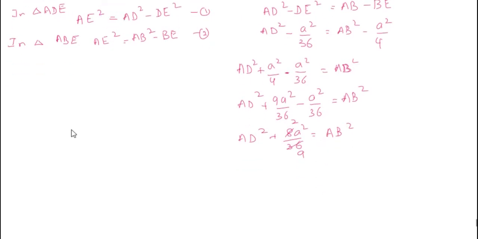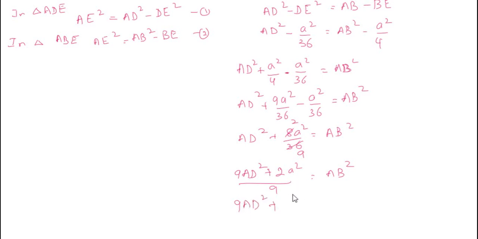Taking the LCM here, this will become 9AD square plus 2A square divided by 9 equal to AB square, or 9AD square plus 2A square.